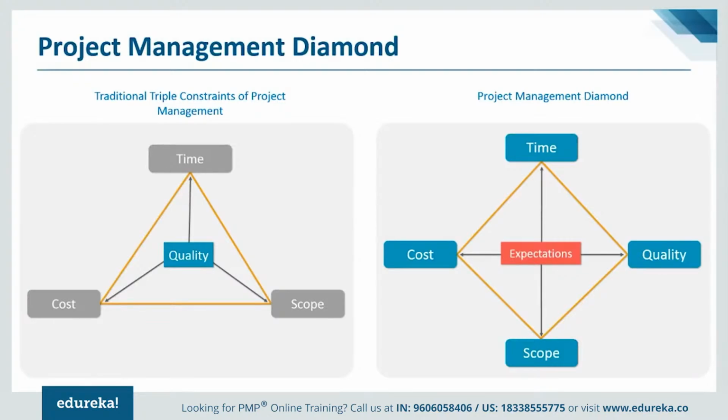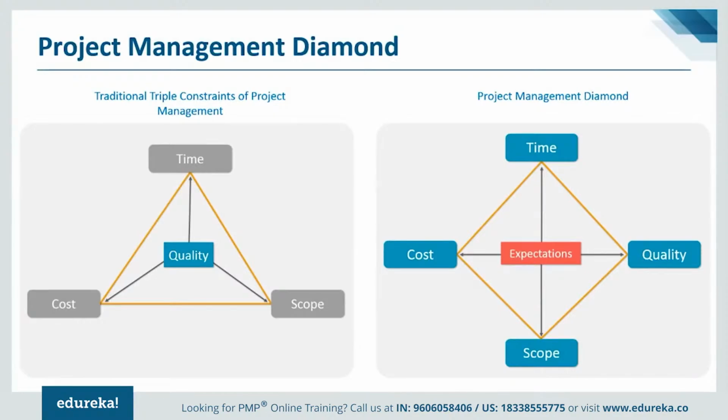So it's time, cost, quality, scope, resource, risk, and I also look at customer satisfaction as one of the constraints, because customer satisfaction is not achieved if you are not able to deliver the project within schedule and within budget. So it's very important for us to make sure that we achieve customer satisfaction.